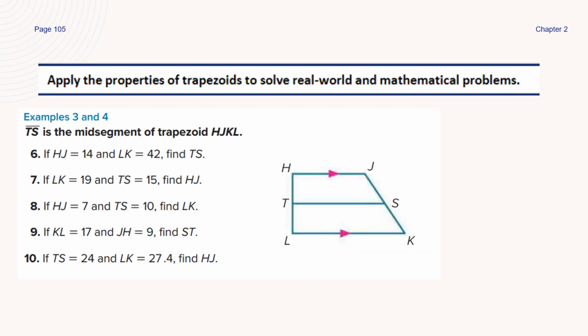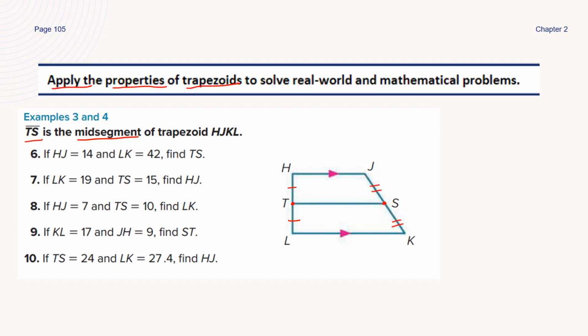Okay, so let's do the question on trapezoid. Here you have to use the properties of trapezoid, apply the properties to solve real world and mathematical problems. So here you are given TS is the mid segment. So let me remind you what a mid segment is. TS is the mid segment, means it is the line segment joining the midpoints of HL and JK. So T is the midpoint of this one and S is the midpoint of JK.